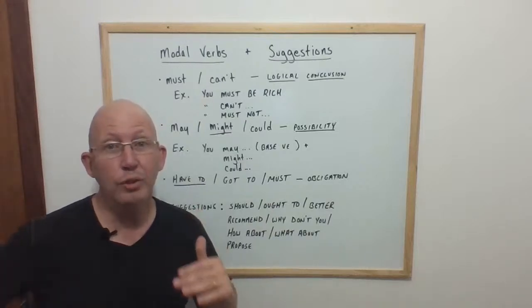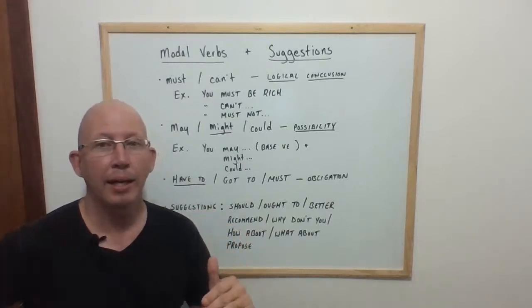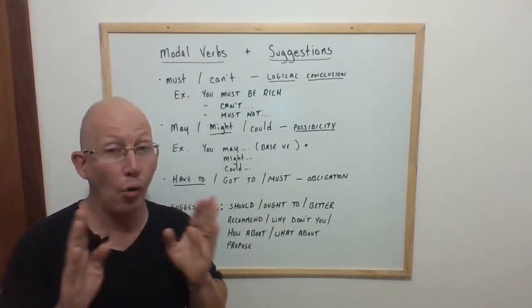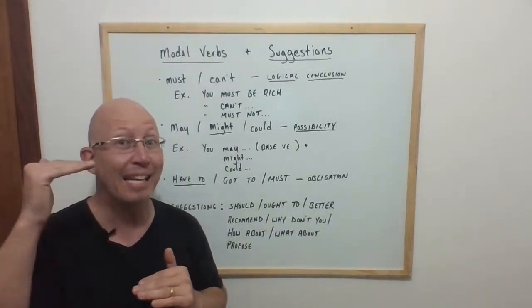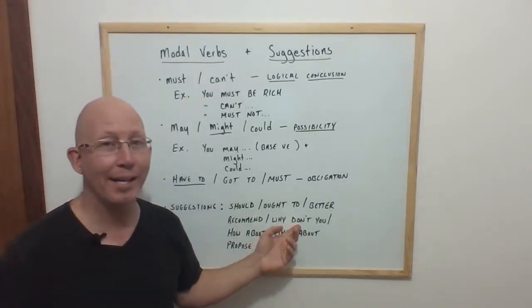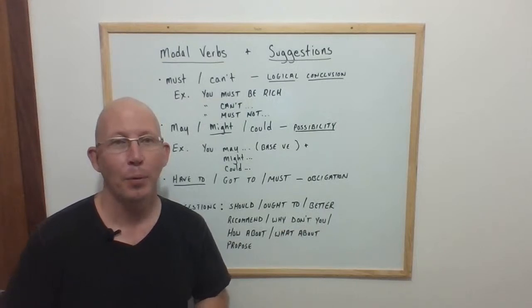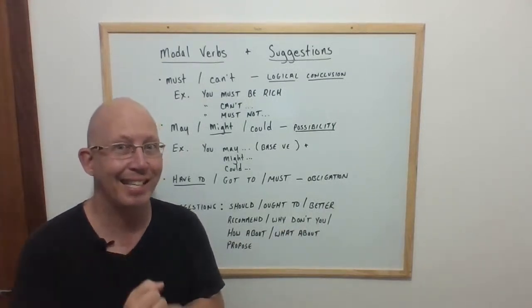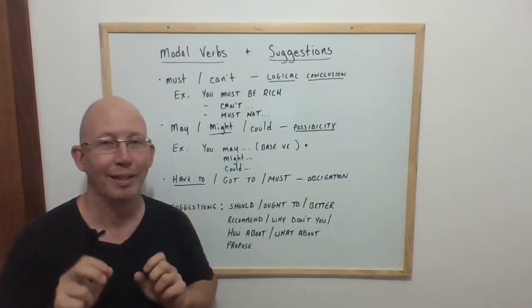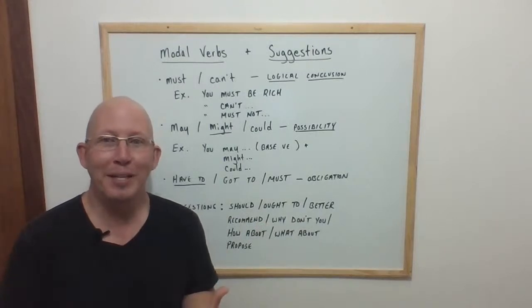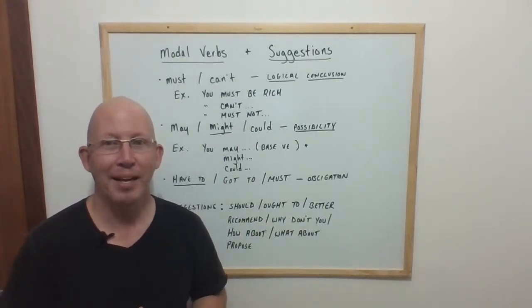Or why don't you do it early in the morning? And they give us that suggestion. It's used in all formal and informal situations. Why don't you? This is what we call a staple, the go-to phrase that we can use when giving suggestions.